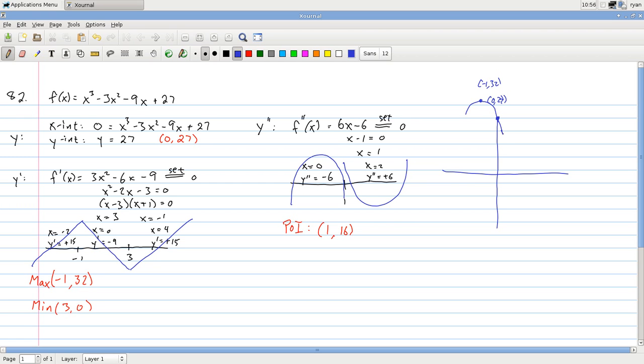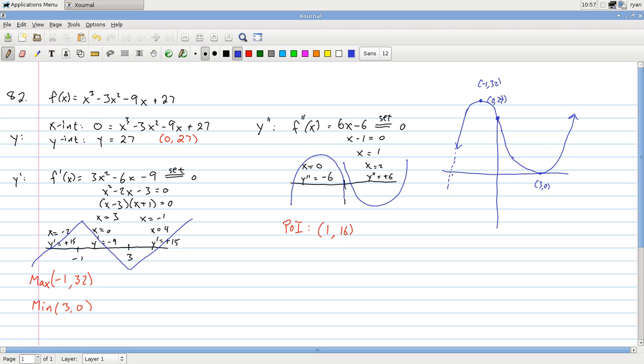Over at x equals positive 1, it changes from concave down to concave up. We have our minimum at x equals 3, y equals 0. So over here we've got our minimum at 3, 0. So it comes in, bottoms out here, and then increases over to the right. And then on the left-hand side, it continues on over on this side, but we want to know where this other intercept is.